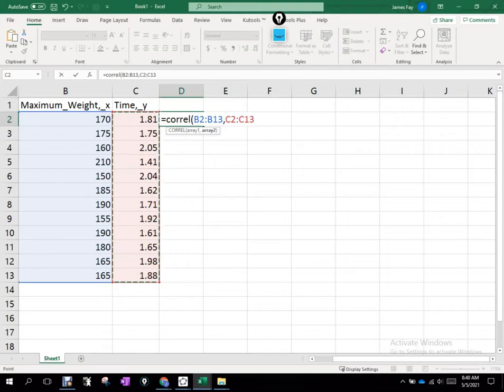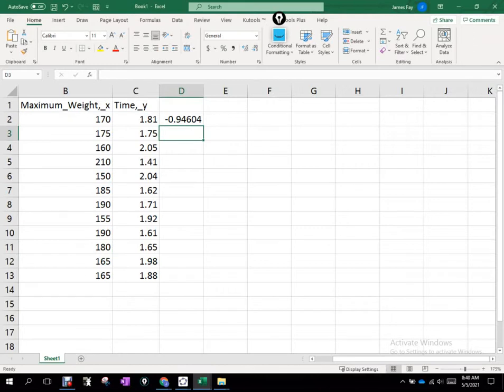So that's exactly what our program did when we started typing in our x values in column A and our y values in column B. Close my parenthesis. And we now have our correlation coefficient, which was the exact same thing. It does it instantaneously, but it does the exact same stuff that we programmed to do.